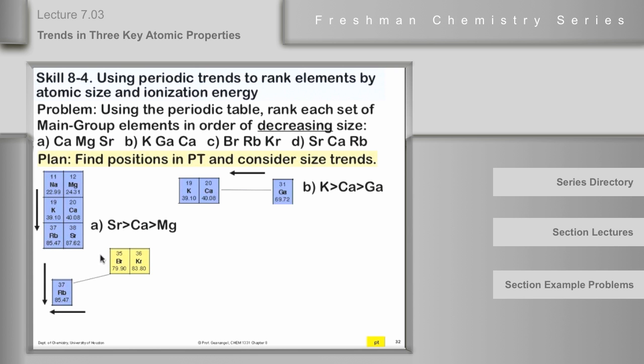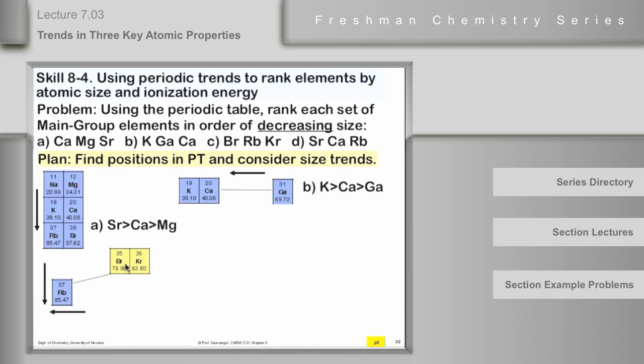And if we go over here to whatever element is in the same period as bromine and krypton, that element right here will be directly above rubidium, which of course will be potassium.